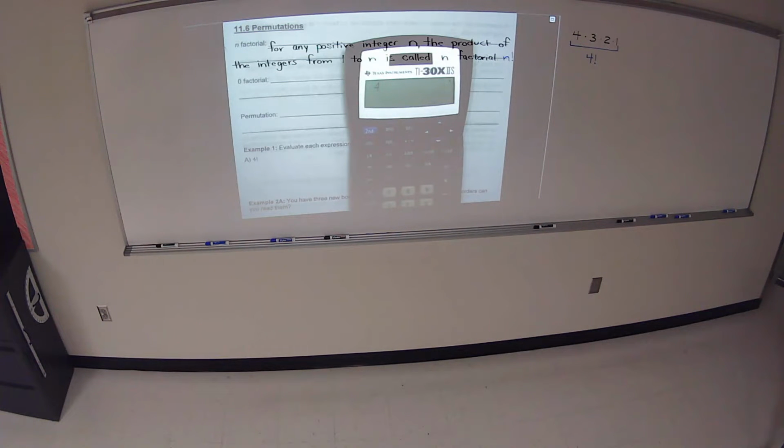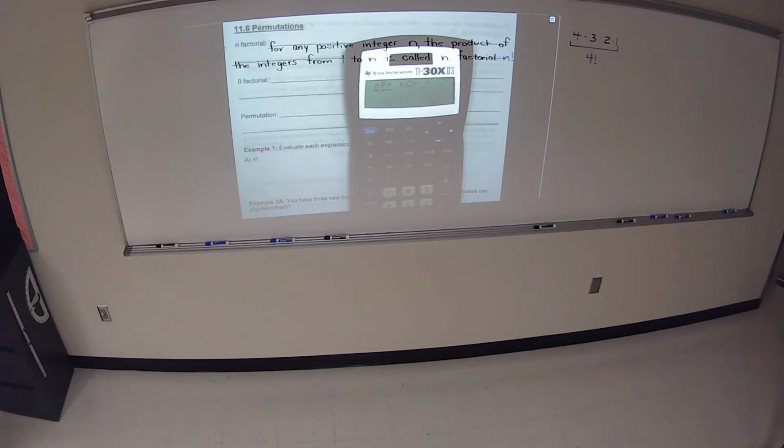So, on this particular calculator, you want to go to the button that talks about probability, which is this one right here, PRB. And if you go to PRB, you'll see in the first part of your menu these 3 choices. We're going to use all 3 of these over the next 2 days. Okay?